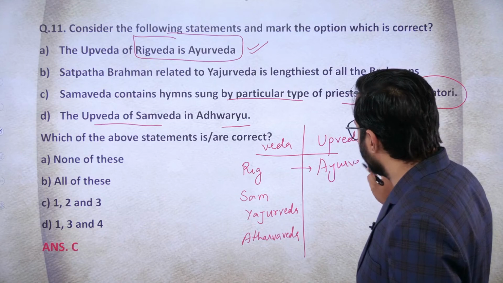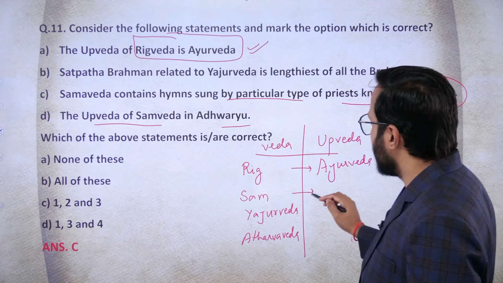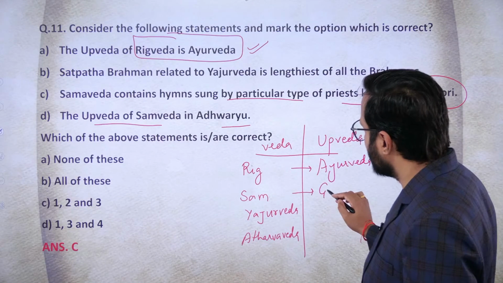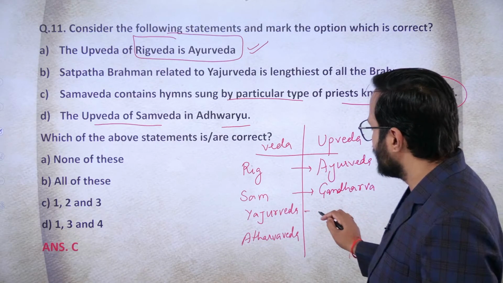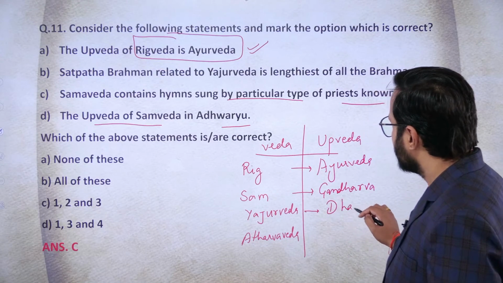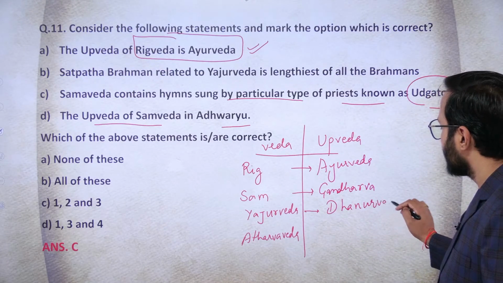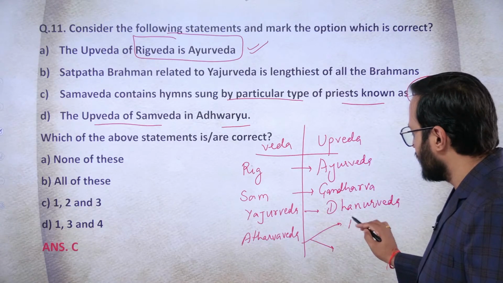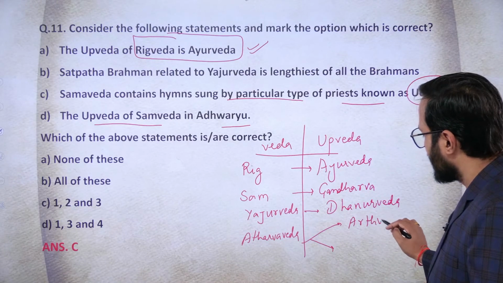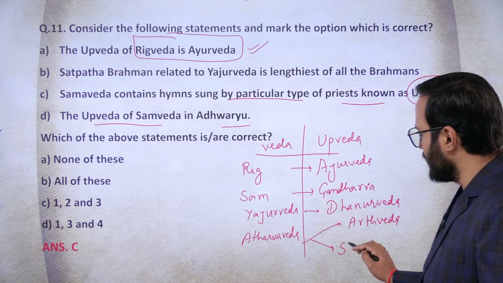Samaveda has the Upaveda called as the Gandharva Veda. Yajurveda has the Dhanurveda. And Atharvaveda has Arthveda and Shilpaveda.